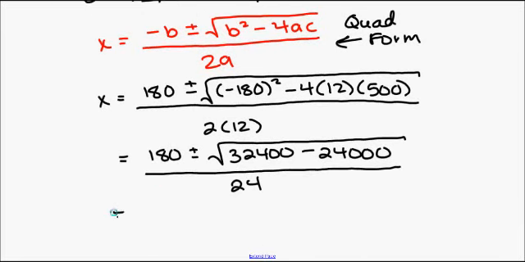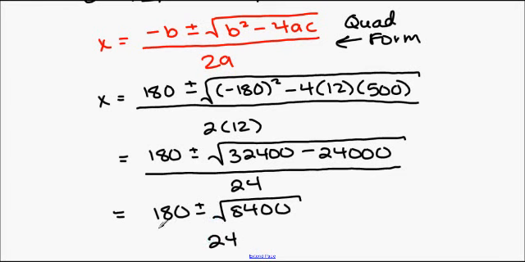Okay, so 180 plus minus the square root of, and 32,400 minus 24,000 is 8,400. So square root of 8,400 over 24.